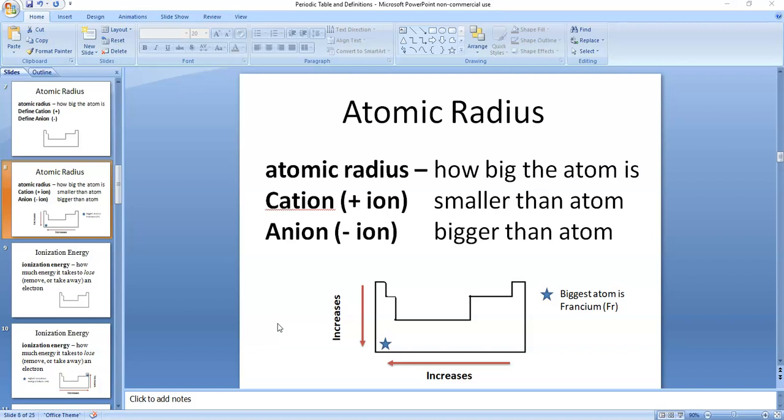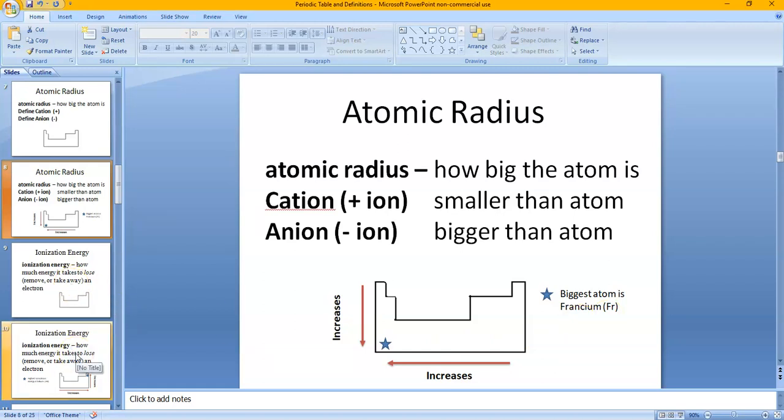Okay? So the reason why the size is getting bigger is because the nuclear charge is getting less as you move to the left on the periodic table. And the biggest atom is francium.